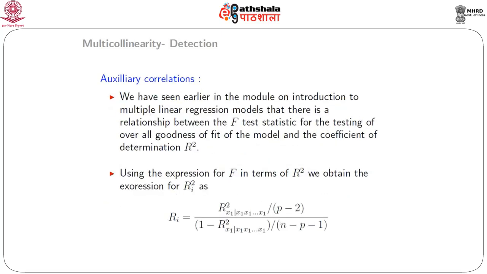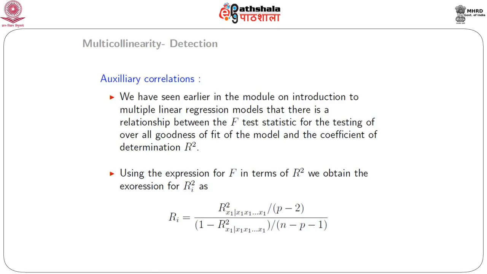We have seen earlier in the module on Introduction to Multiple Linear Regression Model that there is a relationship between the F statistic that we use to test for the overall goodness of fit of a model and the coefficient of determination R square. Using that relationship, we can write Fi in terms of R square.